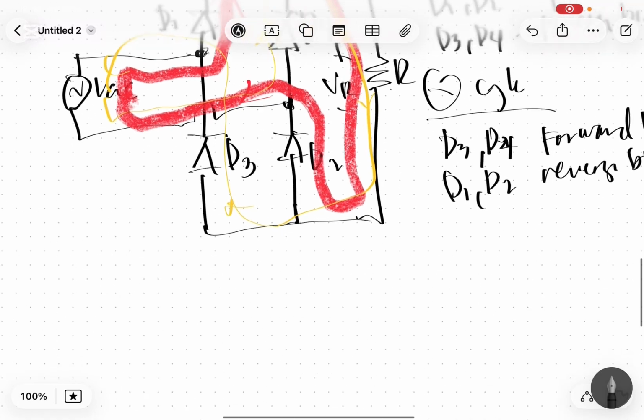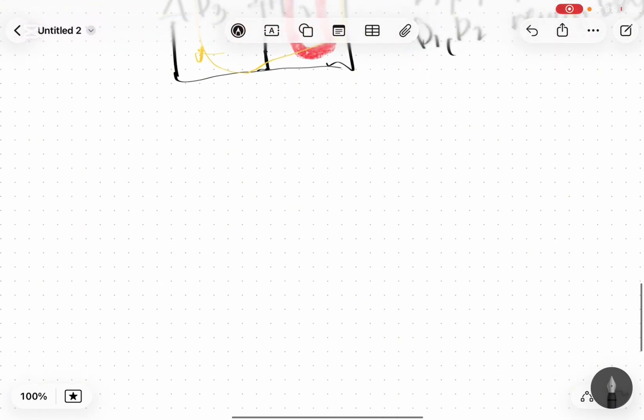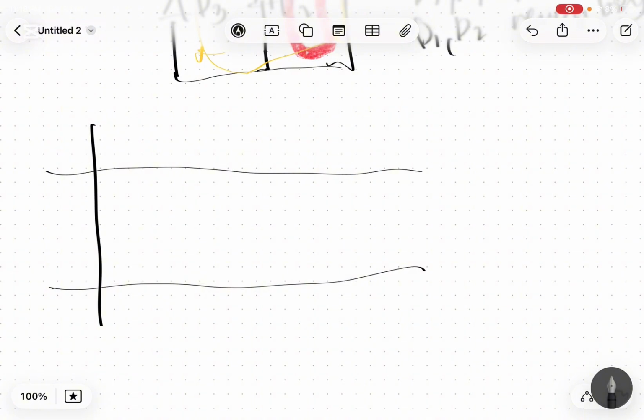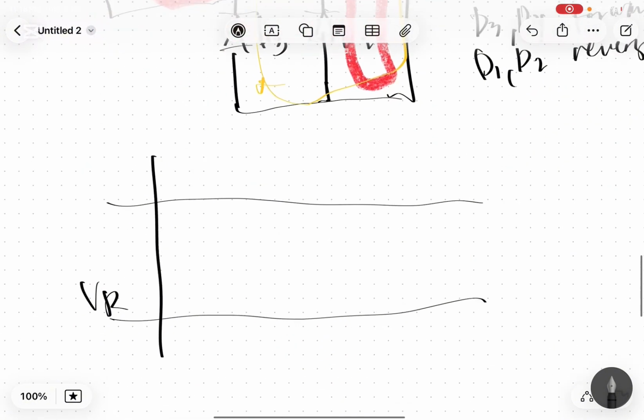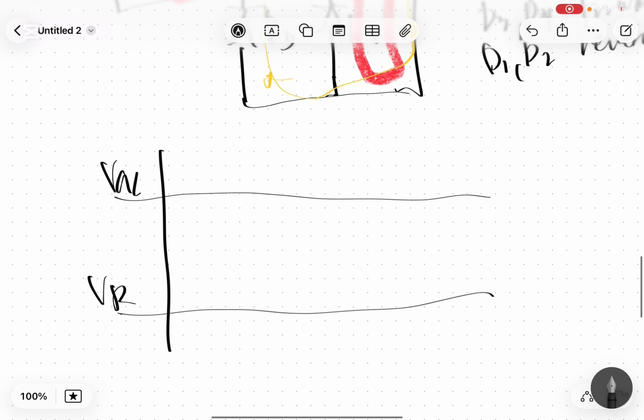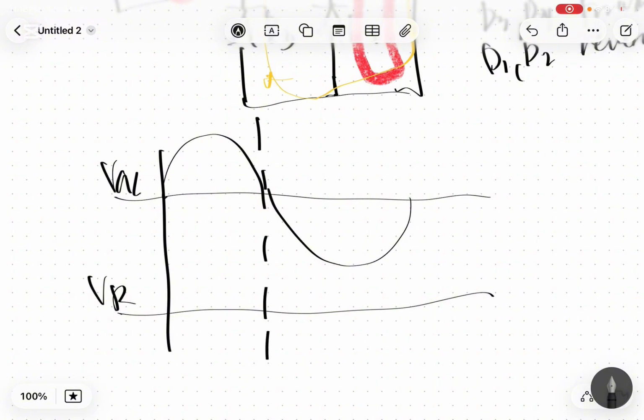So in the waveform, how will it look? This is the VR, the voltage across the resistor, and this is your input. So if you have a full AC cycle, this is pi, this is 2 pi.